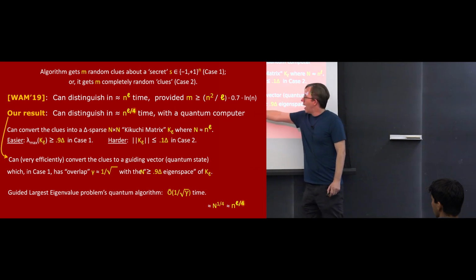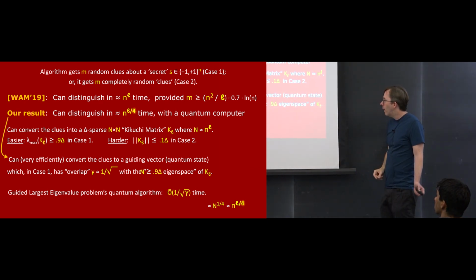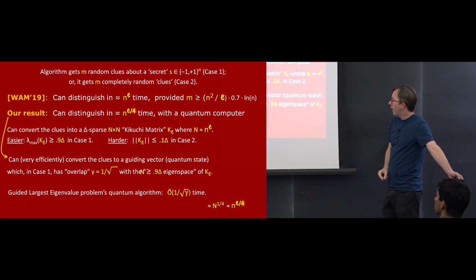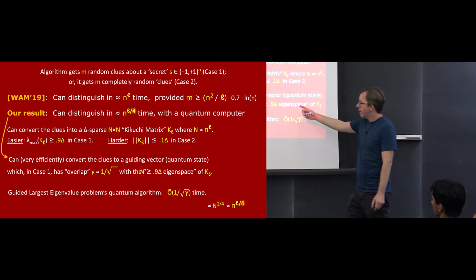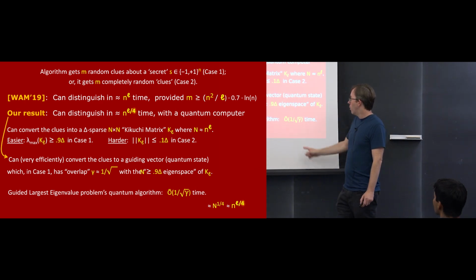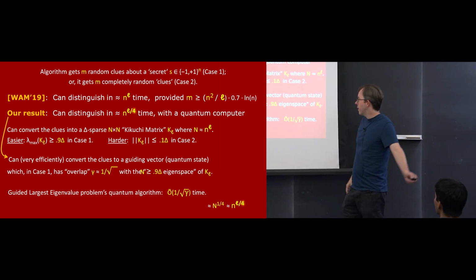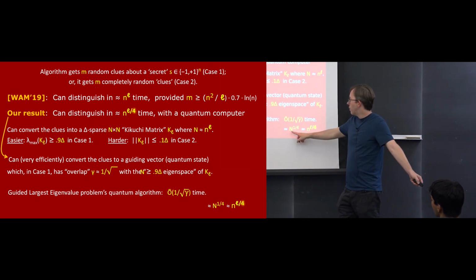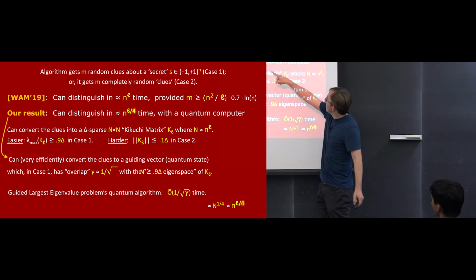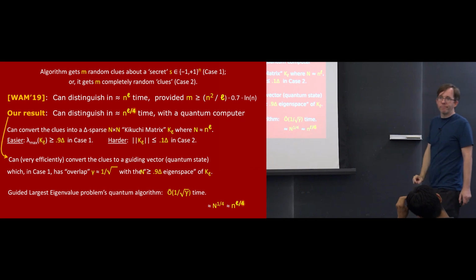This overlap is like 1 over square root of n. Then you plug it into this quantum guided largest eigenvalue algorithm, which had running time 1 over square root of the overlap, and you get 2 square roots on the capital N. So the running time is capital N to the 1/4, and capital N is n to the little l, so the overall running time is n to the little l over 4.